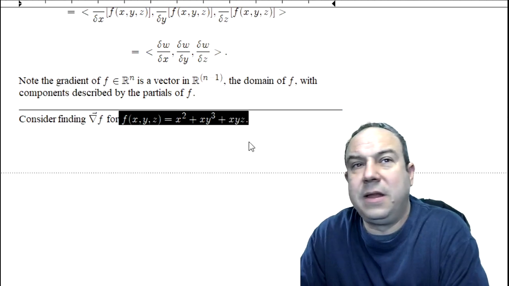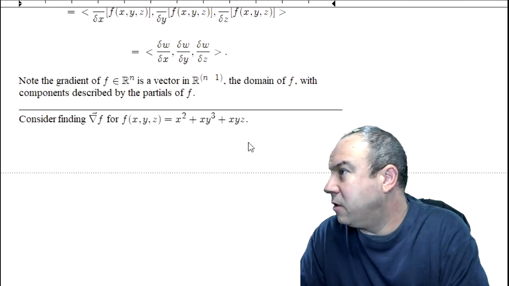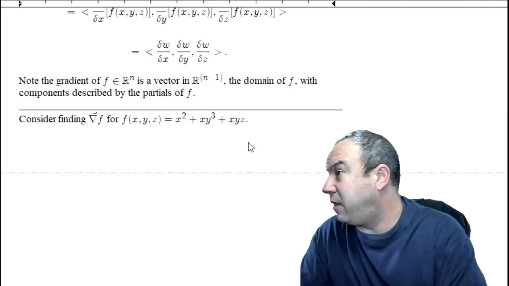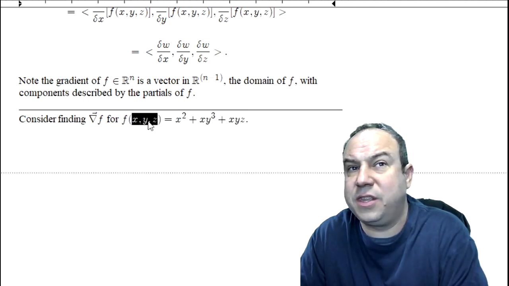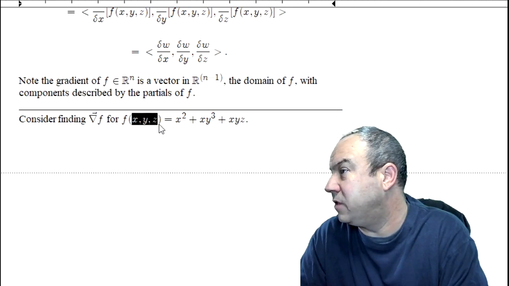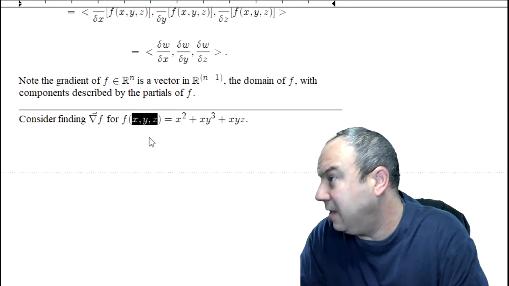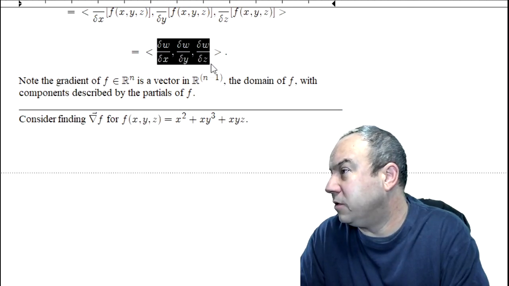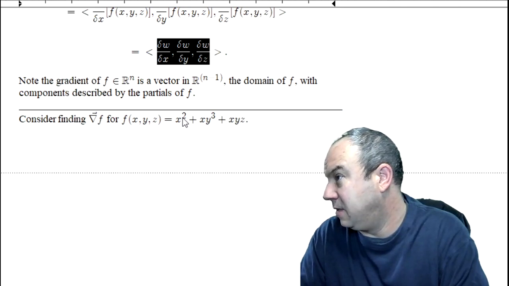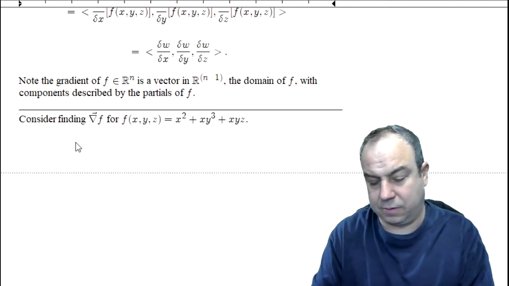All right. Now, as we had noted, all the gradient is going to be is a three-dimensional vector, a vector that really exists in the domain of this four-dimensional surface described by x, y, and z, made up of the partials of that function with respect to x, y, and z. Right?